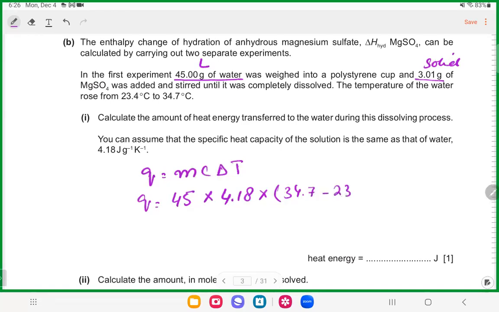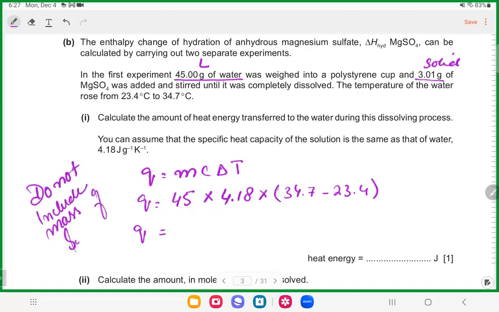So Q, which is the energy released or absorbed, is going to be... do not include mass of solid. Okay?